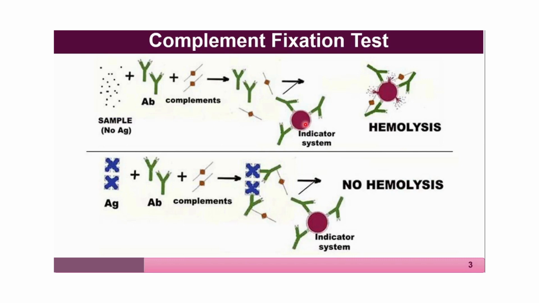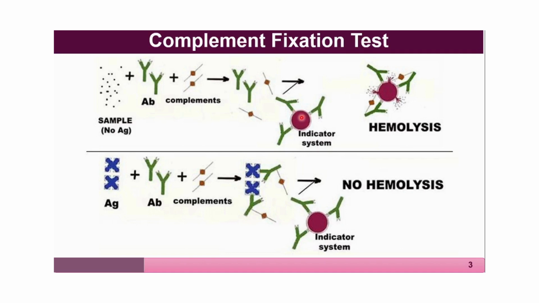Indicator system refers to the sheep RBCs readily bound with the anti-sheep RBC antibodies. The complement which you had added is not engaged. It is freely present in the mixture. It will immediately recognize this indicator complex. The indicator complex is now the sheep RBC readily bound by the antibody, which is nothing but an antigen-antibody complex.